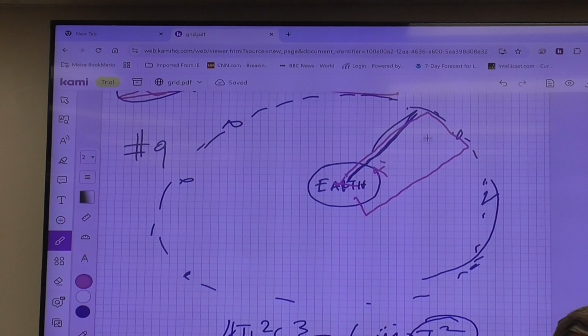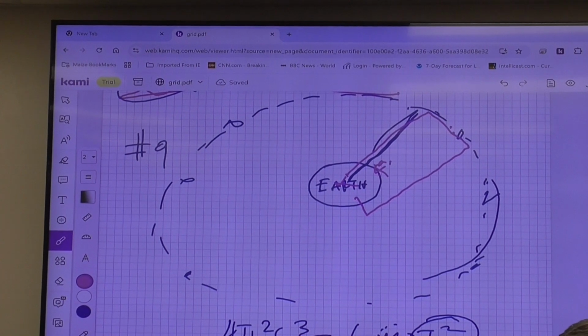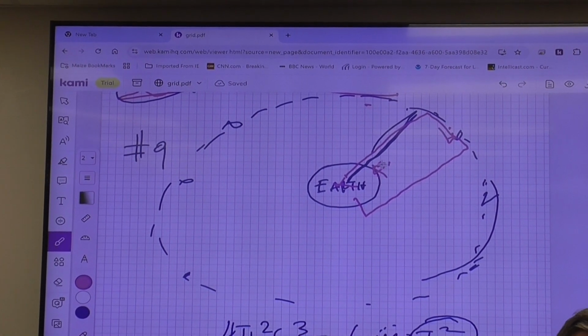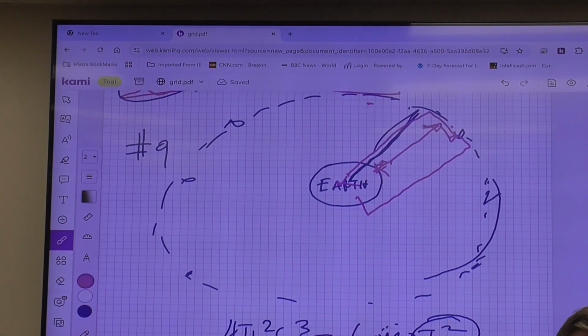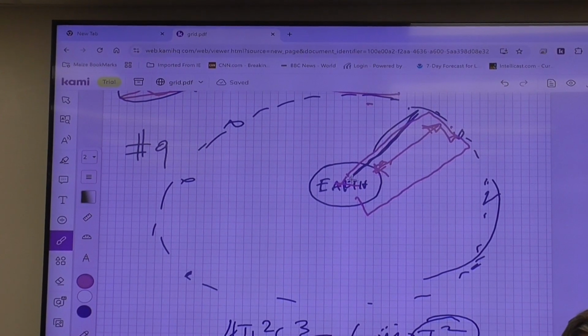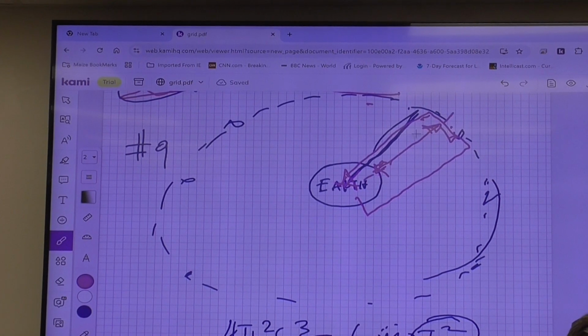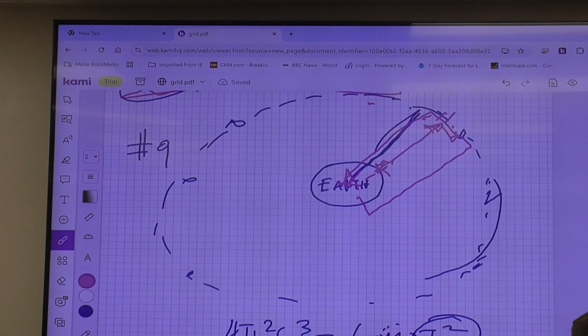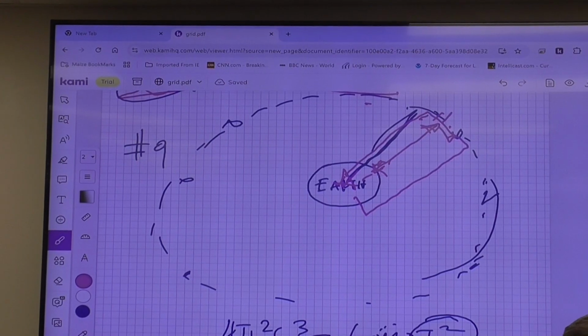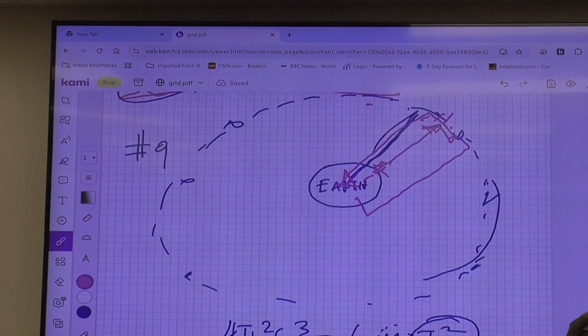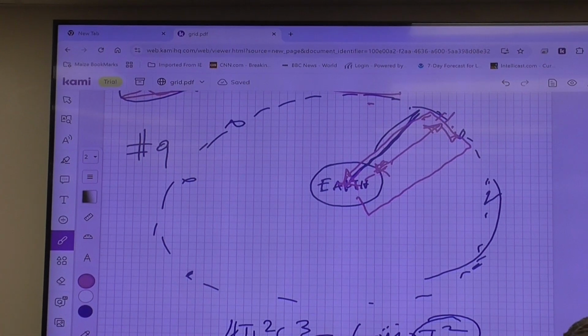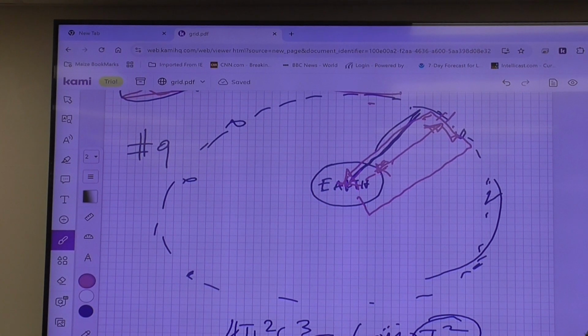So the actual distance your phone is going to use to get this location is from the surface of the Earth out to that point. If this distance gets you from the center of the Earth out to that satellite, how are you going to get the distance above the Earth? Subtract out the radius of the Earth. So your answer to 9A should be something times 10 to the 7th, after you subtract out the radius of the Earth. Still times 10 to the 7th.